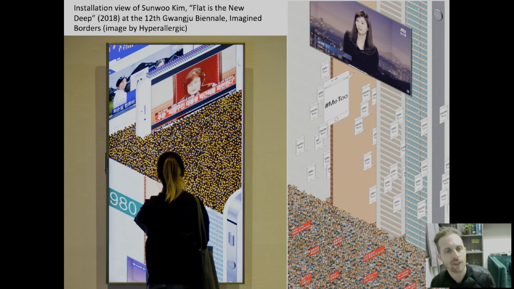As the viewer scrolls down through this virtual world, they travel decades through the political history of South Korea, from the Gwangju uprising in the 1980s to the Me Too movement and contemporary political events in South Korea. So, whilst this is not so much a complete fantasy city as in the case of Paul Noble, it's somewhere in between.